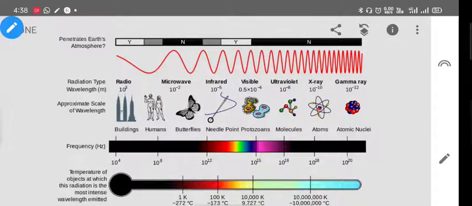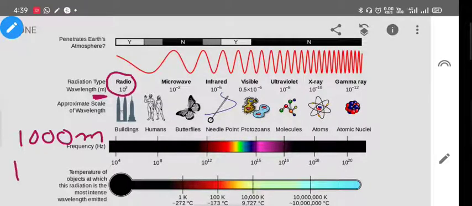As we can see, it starts from radio waves, and the range of radio waves, as mentioned here, is 10 raised to 3 meters. That means 1000 meters or 1 kilometer. It can be even more than that, so it starts from 1 kilometer or even more.